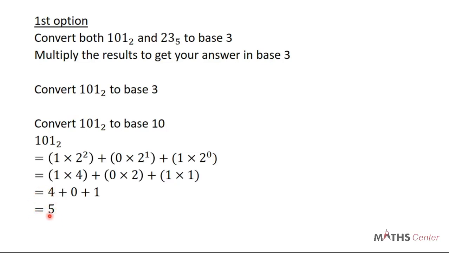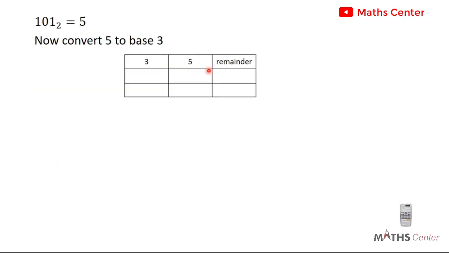But we don't want to convert it to base 10. We actually want to convert it to base 3. So it means that we have to convert 5 to base 3. If you draw your table, 5 divided by 3 will give us 1, remainder 2. Since 1 is smaller than the divisor, you write it as the last digit.